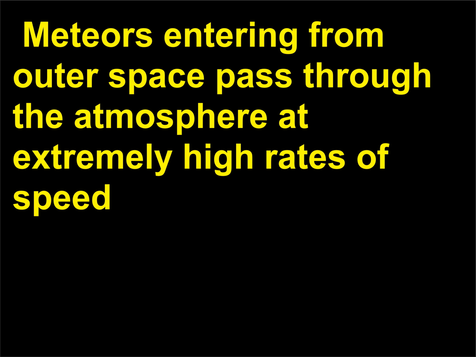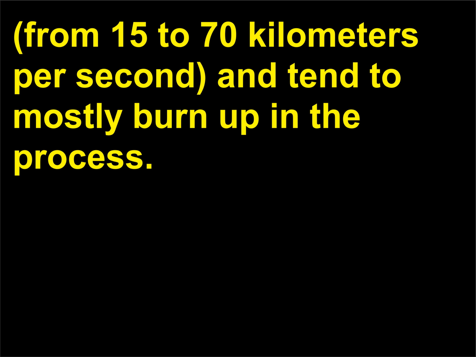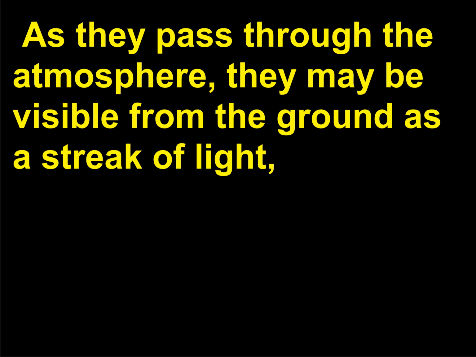Meteors entering from outer space pass through the atmosphere at extremely high rates of speed, from 15 to 70 kilometers per second, and tend to mostly burn up in the process. As they pass through the atmosphere, they may be visible from the ground as a streak of light. And this is what is commonly known as a shooting star.